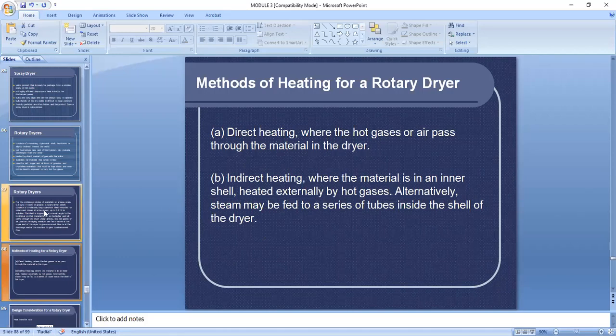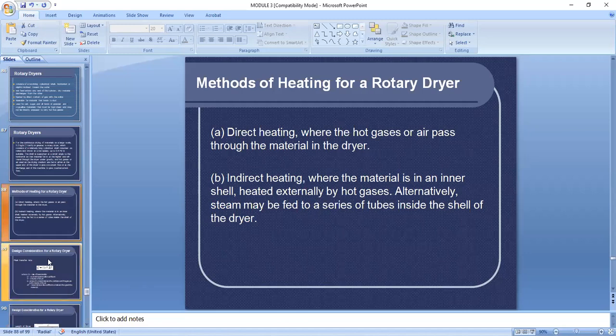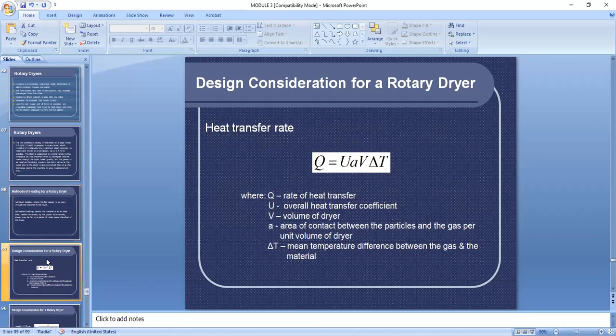Now, in terms of design equations that we can use for the rotary dryer, we have here the heat transfer rate. The heat transfer rate for a rotary dryer is given by the product of UaV ΔT. U is the overall heat transfer coefficient. V is the volume of the dryer. The small letter a is the area of contact between the particles to be dried and the gas.